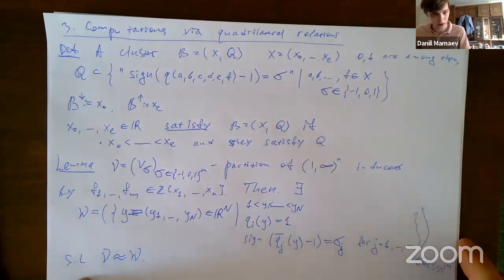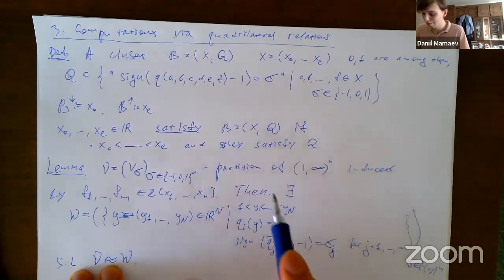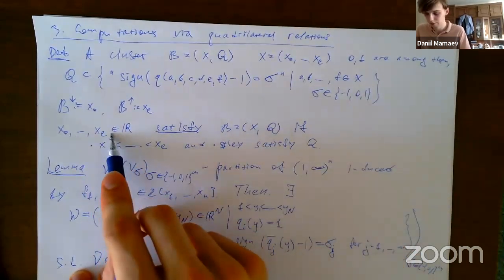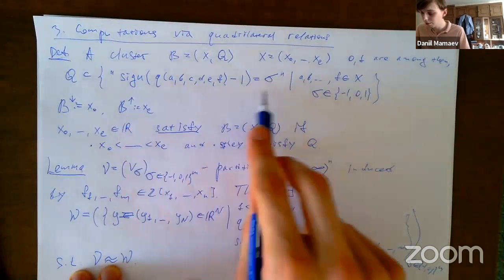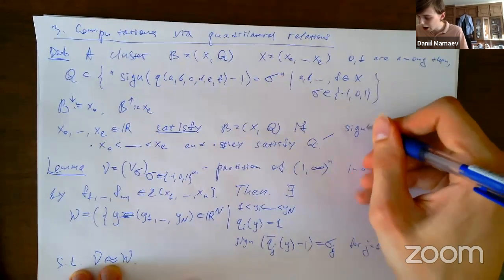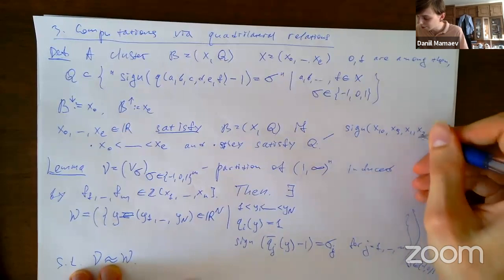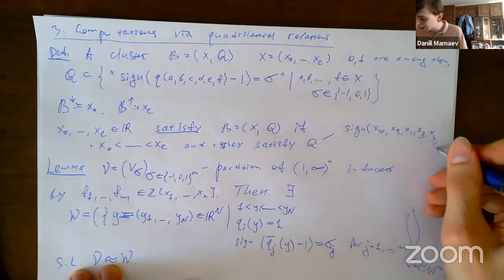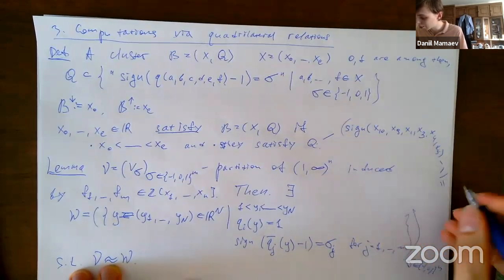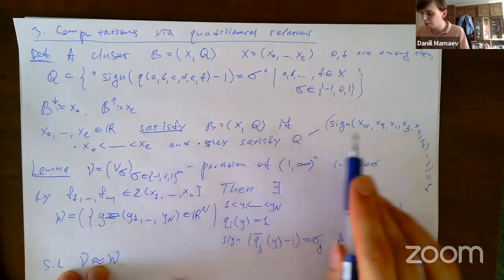Okay, you have some numbers, and you have a collection of this Q. Say it is something like sine of x10, x9, x1, x3, x4, x5 minus 1 is equal to, I don't know, 1. You are given all these numbers.